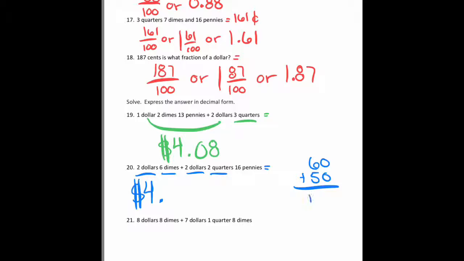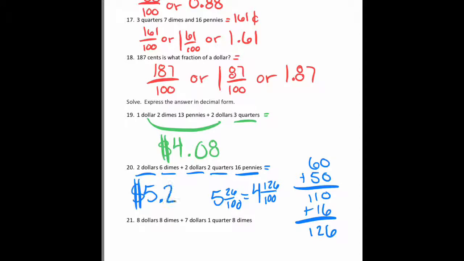And so let's add those together to get 110 cents, plus 16 pennies, which will give us a grand total of 126 cents. Well, we know that's more than $1. So if I really had 4 and 126 hundredths, which is what we're saying we have now, I can change that fraction greater than 1 to a mixed number, and I'm really going to get $5.26. So instead of $4 and 126 cents, I'm going to say $5.26.